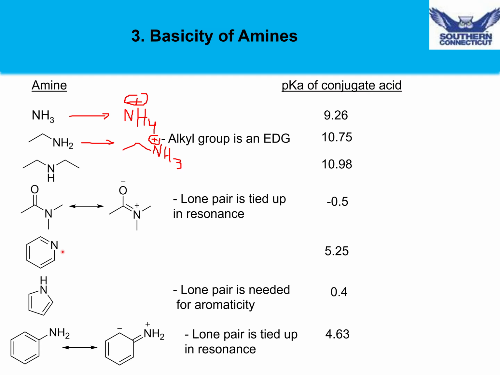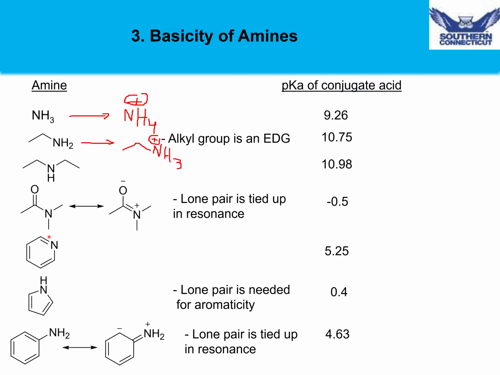The next two examples show pyridine and pyrrole, which we talked about previously. Note that the lone pair on pyrrole, this compound here, is required for the aromaticity of pyrrole, and so it's not as readily available as the lone pair on pyridine, which is not necessary for aromaticity of pyridine. And so that's illustrated by the pKa values of their conjugate acids.